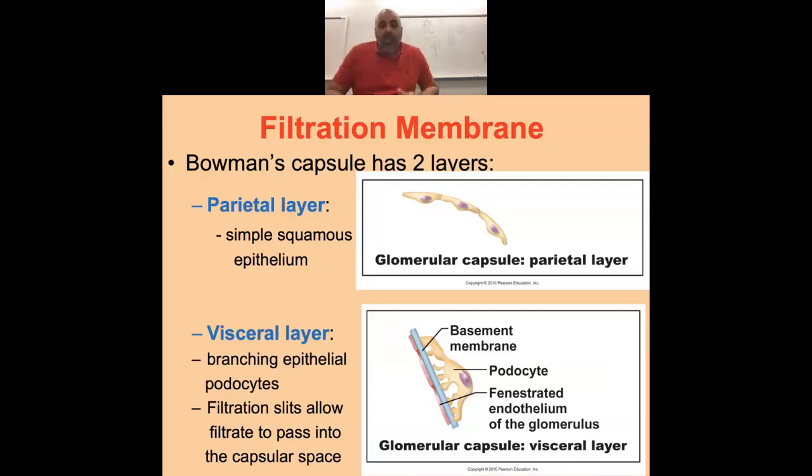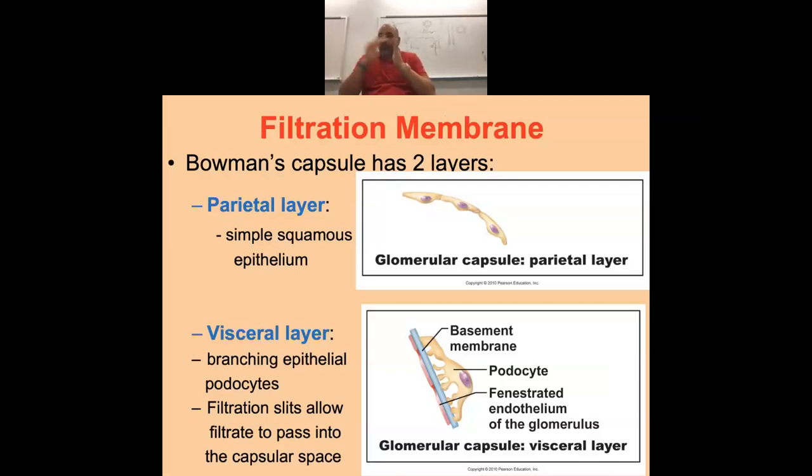So they're cells with feet. And what it's doing, it's fusing with the capillary membrane, with a basement membrane between the two. And between these feet, these little gaps, that's where we're passing the ions, glucose, okay? We're passing it through there to create the filtrate.